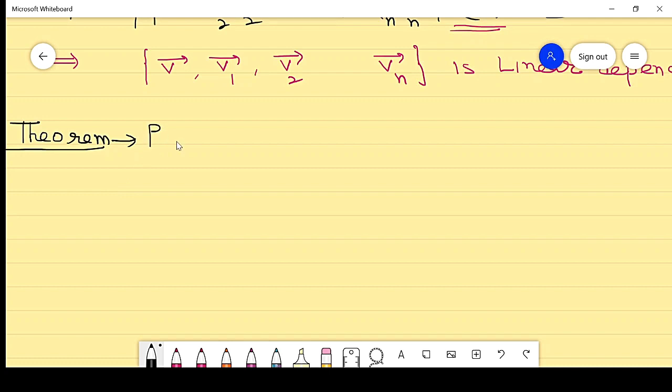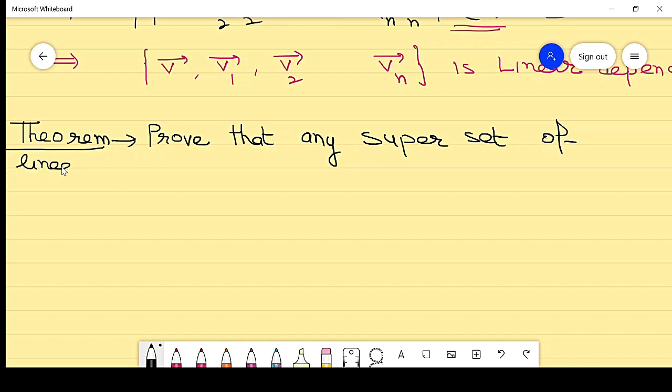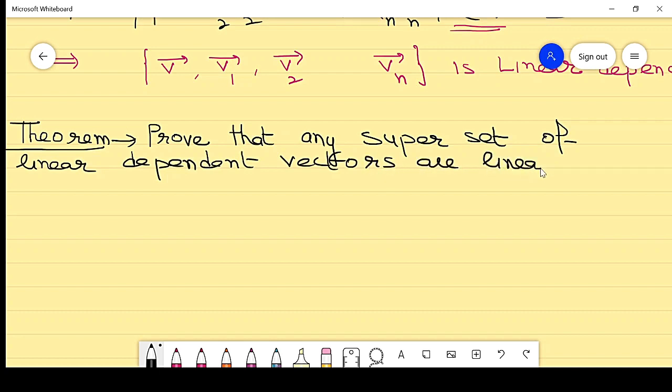Superset means bigger set. So any bigger set of linear dependent vectors is linear dependent. So remember this.